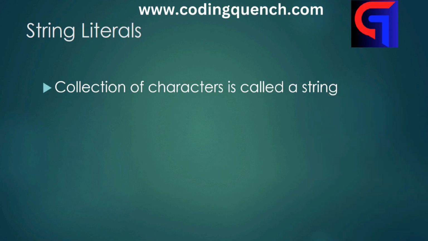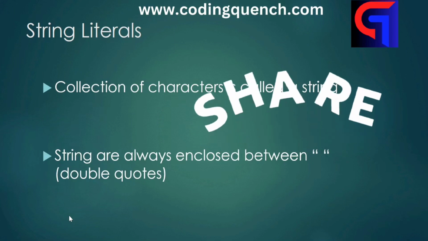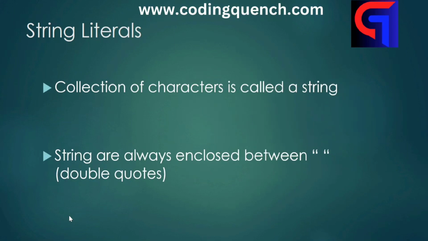That's why it is a collection of characters. At the same time, it is a sequence of characters. Strings are always enclosed between double quotes. Like you see, in double quotes, I can use A or India. I can use it like this. Double quotes we have to use.